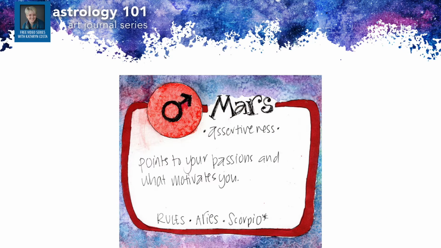This red planet describes your assertiveness and points to your passions and what motivates you. We know Aries is that fire starter who initiates things. It's the first sign of the astrological year. And Scorpio is very intense, is about strong emotions, and takes that initiative with transforming things in one's life.